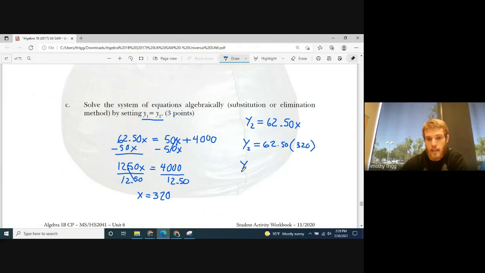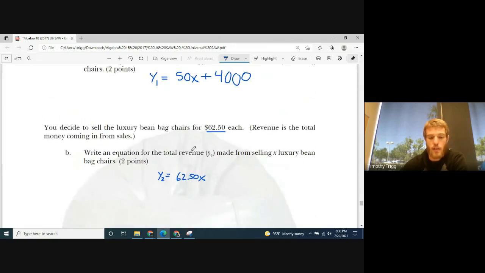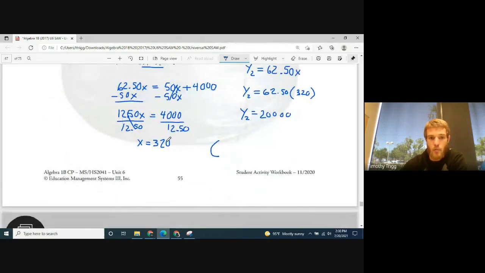This will give us 20,000. So this gives us the coordinate point where these two lines cross each other. These two lines cross each other at 320, 20,000.